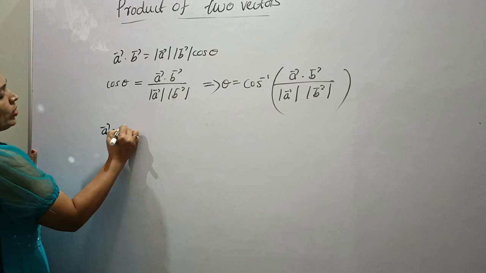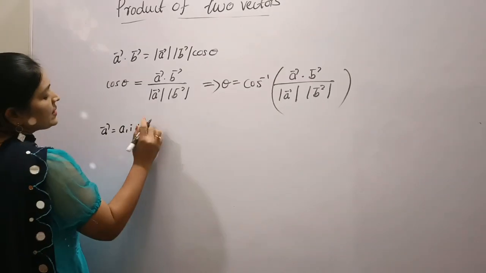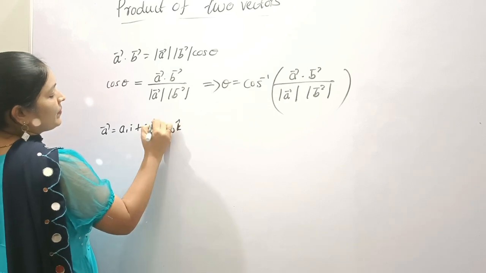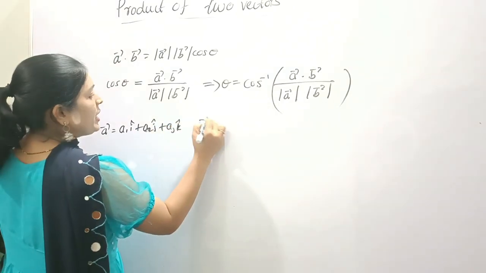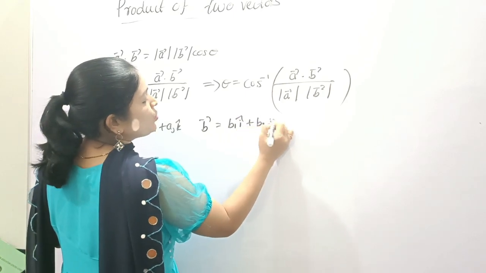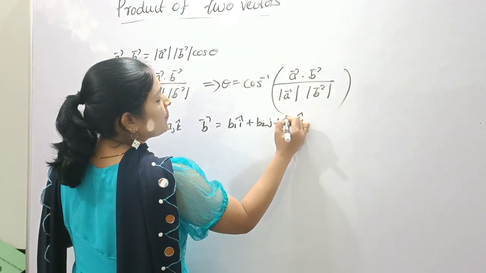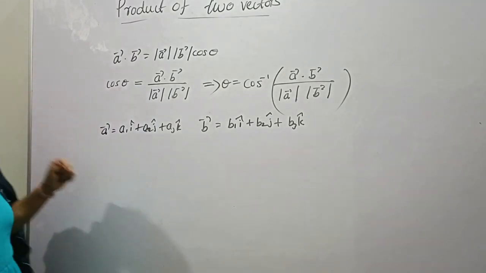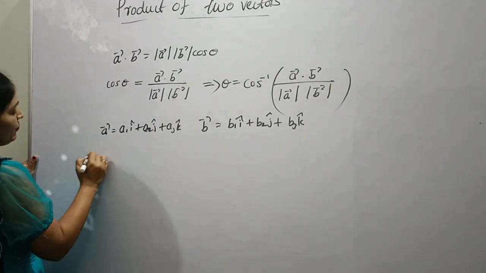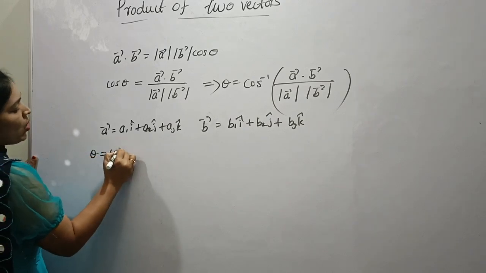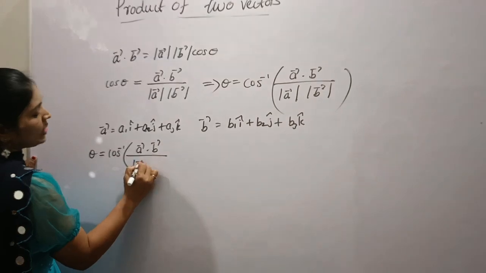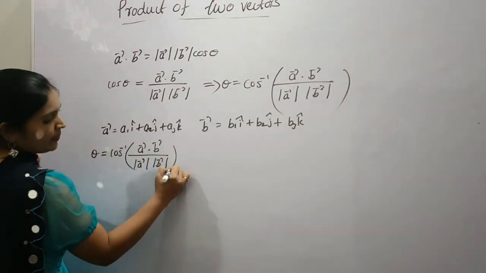Let vector A be equal to a1 i plus a2 j plus a3 k and vector B be equal to b1 i plus b2 j plus b3 k. Then what is theta? That is the angle between them. Here we know that theta is equal to cos inverse of vector A dot vector B divided by modulus of vector A into modulus of vector B.